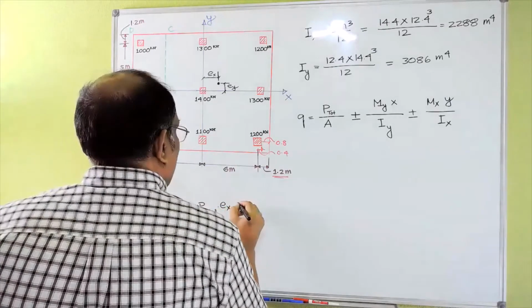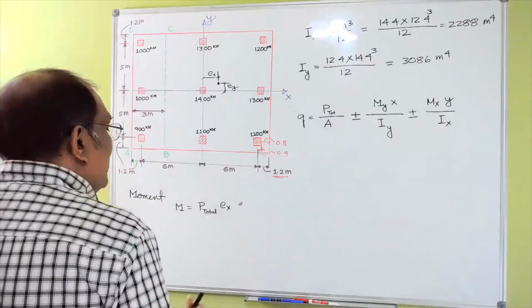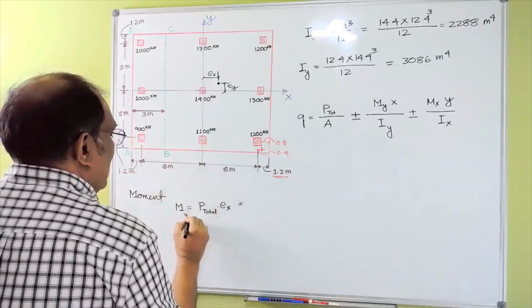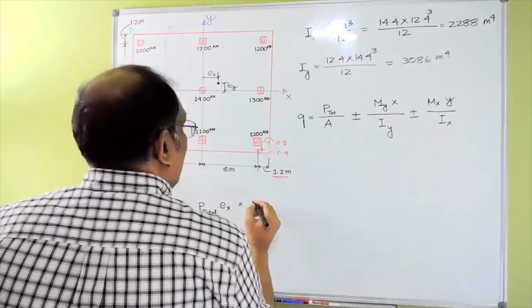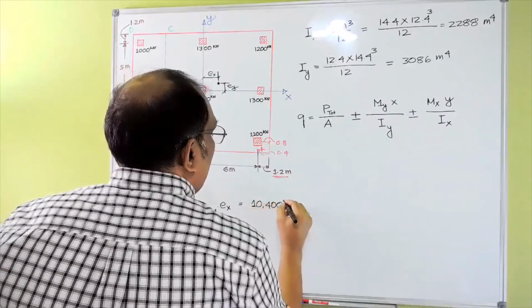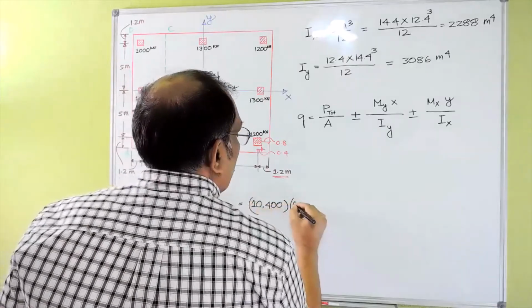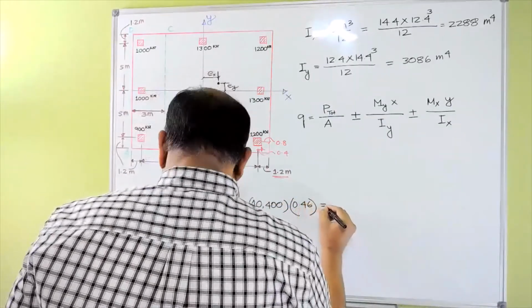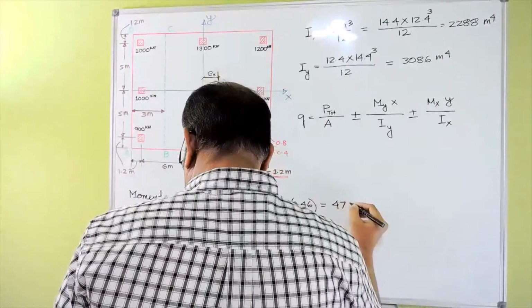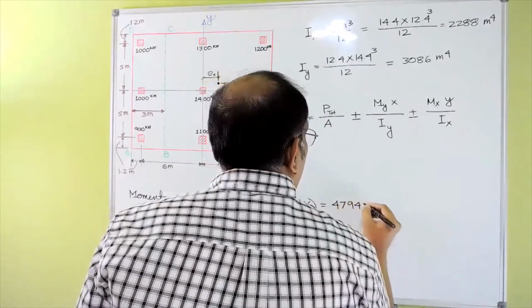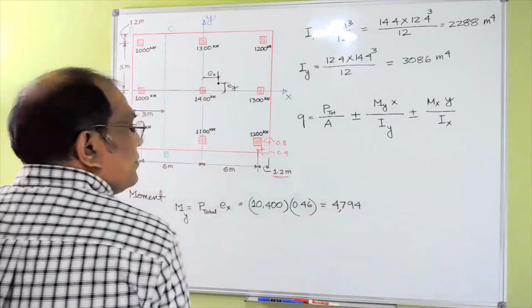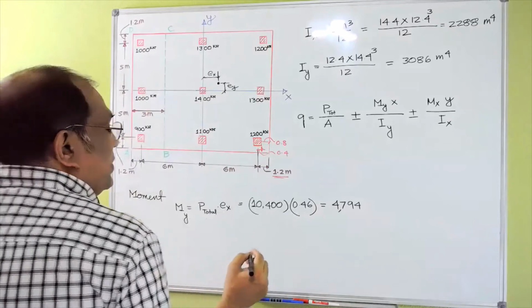That's actually the moment along the y-axis. So that would be 10,400 multiplied by 0.46, which is basically 4794 kilonewton meter.